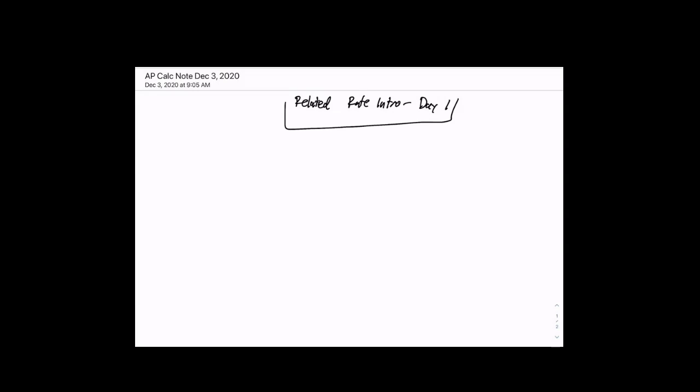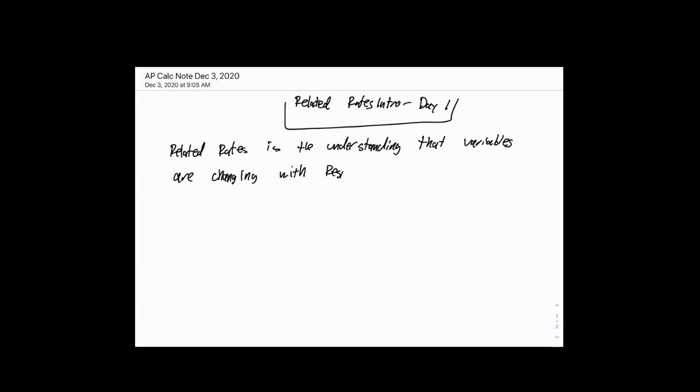Okay, so first and foremost, the idea here in related rates is the understanding that variables are changing with respect to time t.